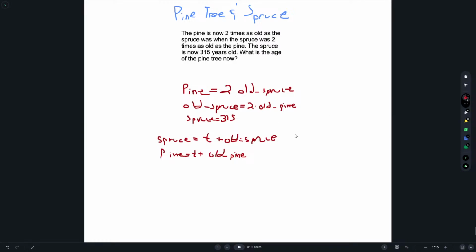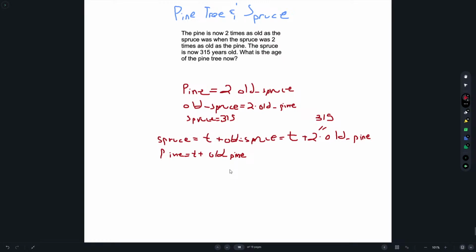We know that old spruce is 2 times old pine. So we have t plus 2 times old pine, and that's equal to 315. And then pine is equal to t plus old pine. So if we add in old pine to both sides, we get spruce.